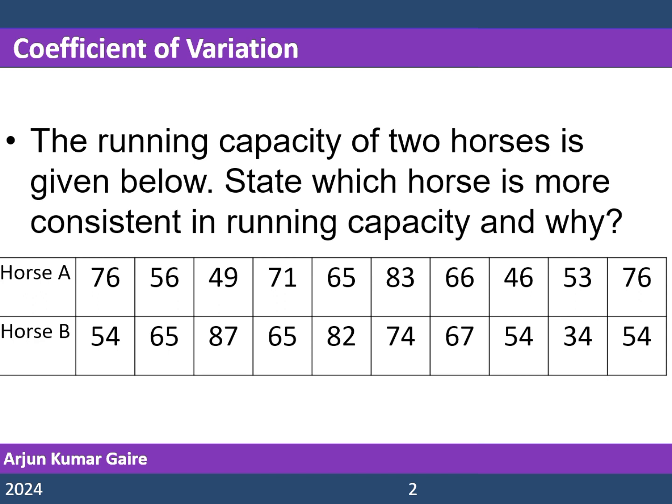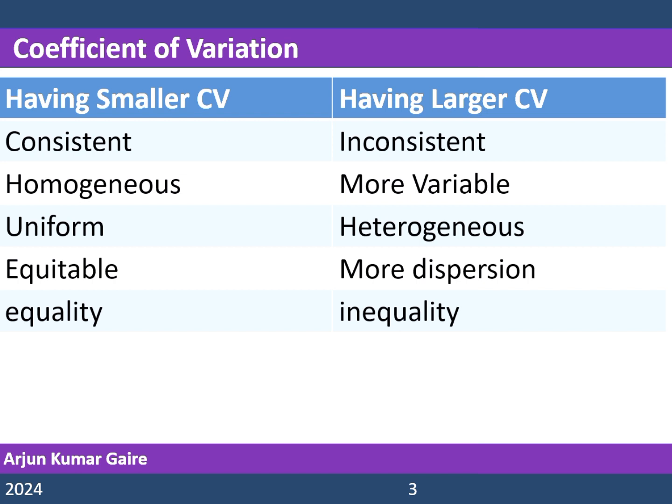To compare the data regarding consistency or inconsistency, homogeneous or heterogeneous, uniform, equitable, inequality, for all of these types of comparison, whether the data is uniform or not, consistent or not, heterogeneous or not, we have to use the statistical tool, the coefficient of variation.